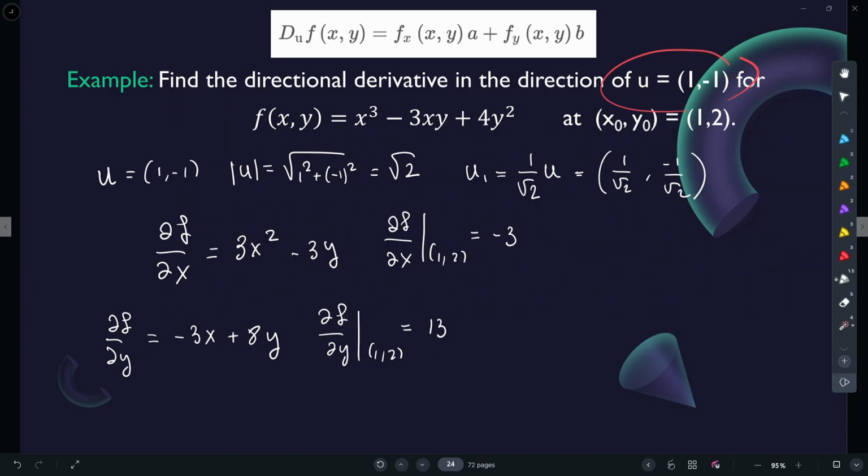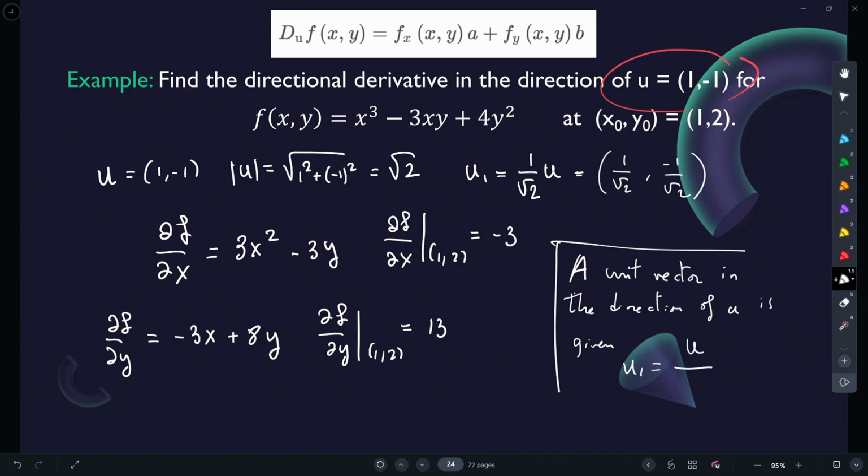So a unit vector in the same direction is given by u divided by its own length. Okay? That's why I calculated the length of the vector they gave me, which is the square root of 2, and then divided the vector itself by the square root of 2, its own length, to get those coordinates, both divided by the same constant, the length of the original vector.